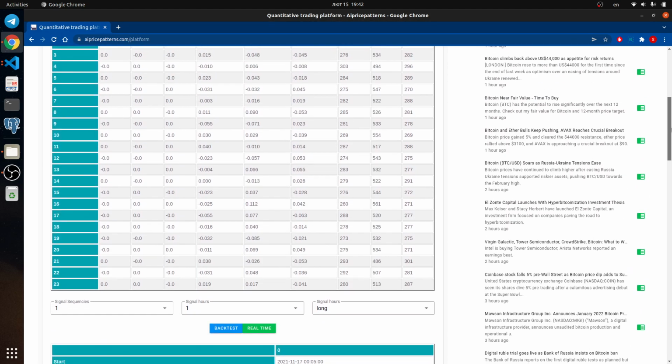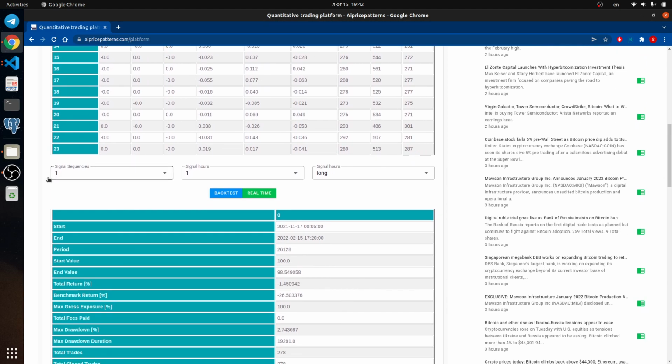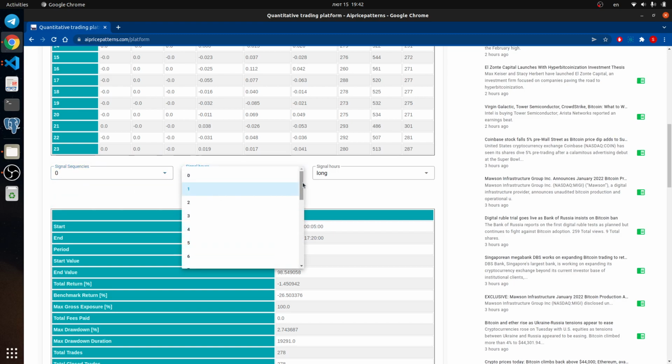Now we should find these sequences, 0 and this one. And we need to do research for this value. What happens? I would like to select a situation when we haven't sequences. It means one bar green, second bar red.